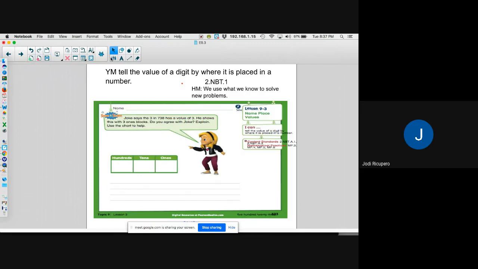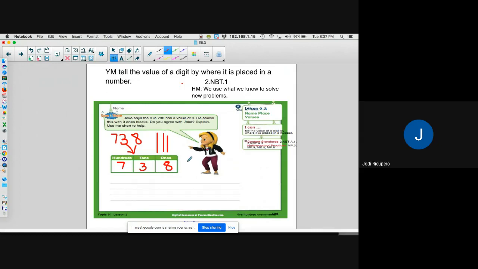I do not agree with Jake. I do not believe that the 3 has a value of 3. If I look at the number 738, I can put it in a place value chart. And it shows that the 3 is 3 tens, and 3 tens are 3 longs, which means that it's 10, 20, 30.